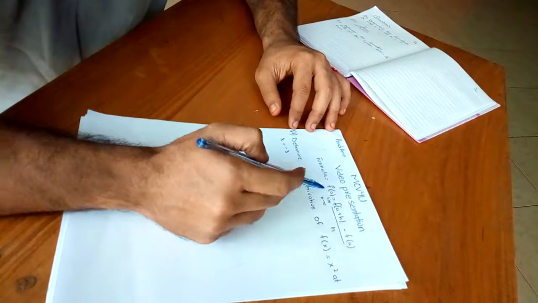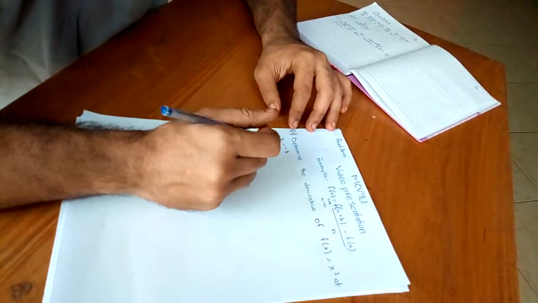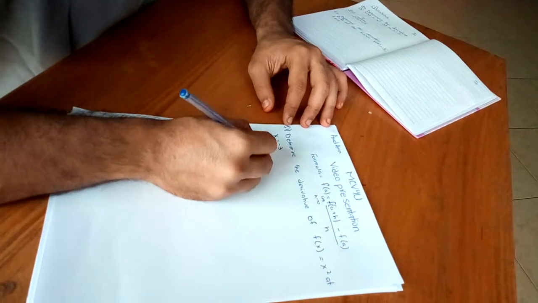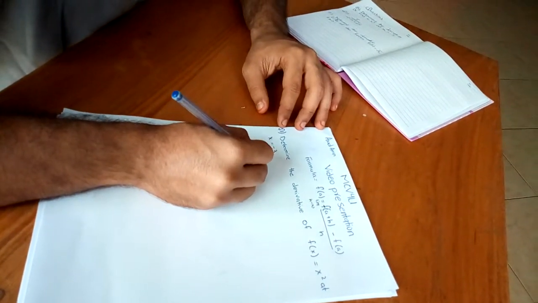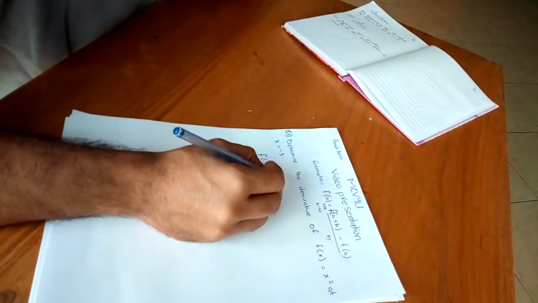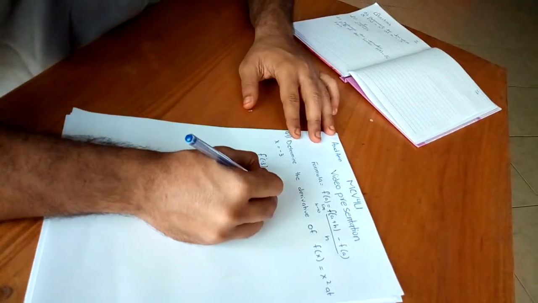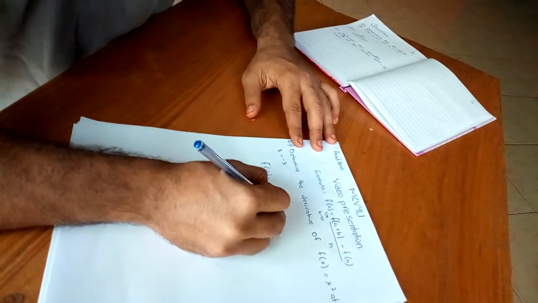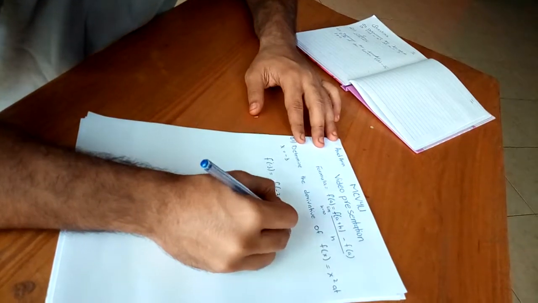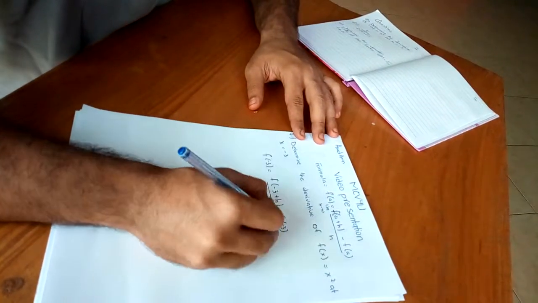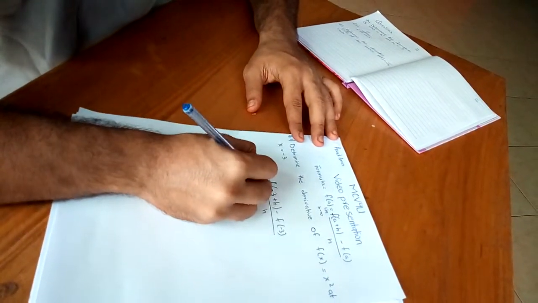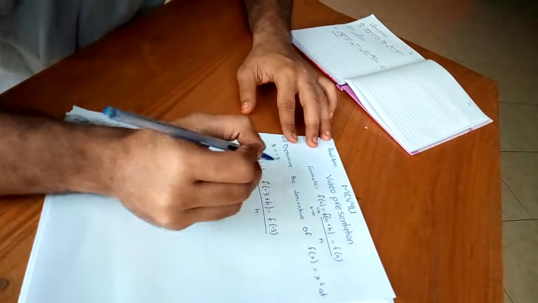So we will be using this formula in this one. It will be like this. We will be taking the derivative of this. So we will be writing f(negative 3 plus h) minus f(negative 3) over h, and the limit is h equals 0.